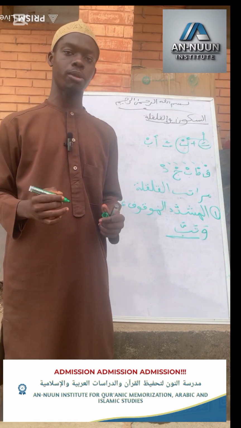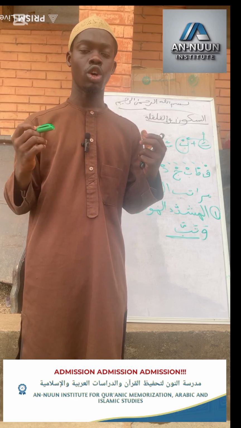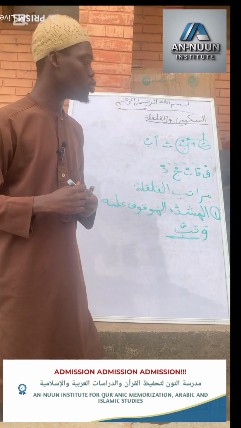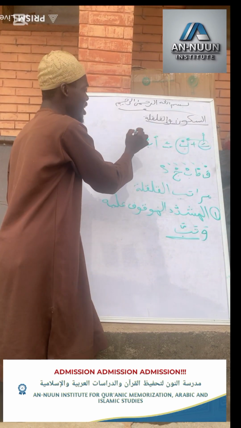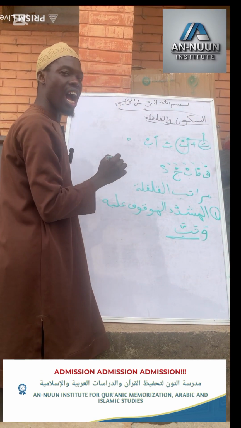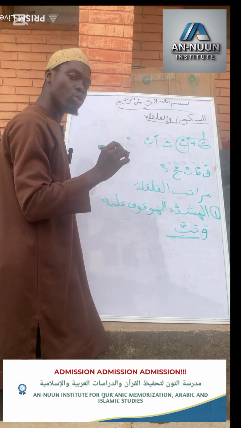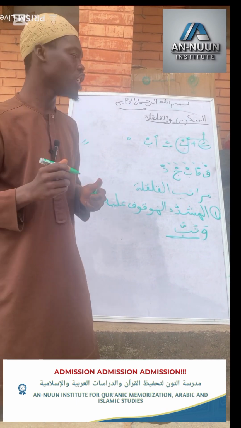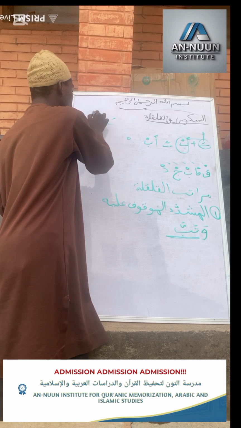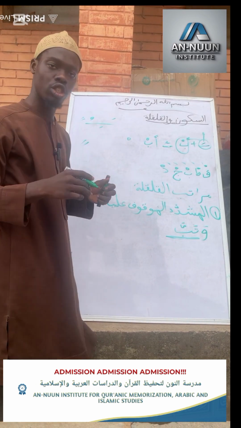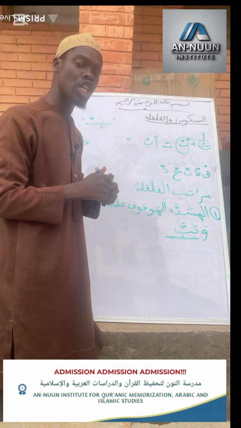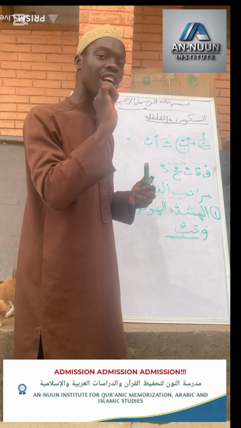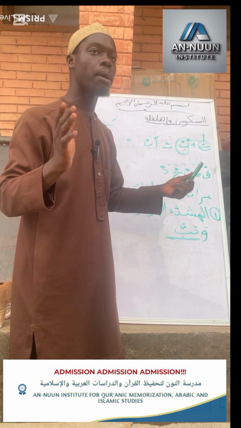You will all agree with me that in the Arabic language, we do not start a word with sukun, and we do not usually end a word with haraka, which means if you see fatha, kasra, damma, or fathatin, kasratin, dammatin at the end of a word, if you want to stop on that word or on that alphabet, you stop at what? At sukun. You will not say watabba.